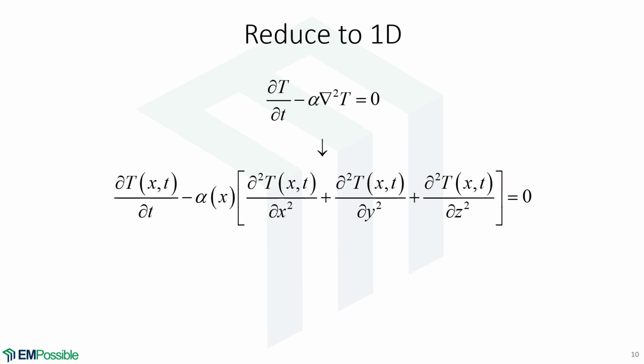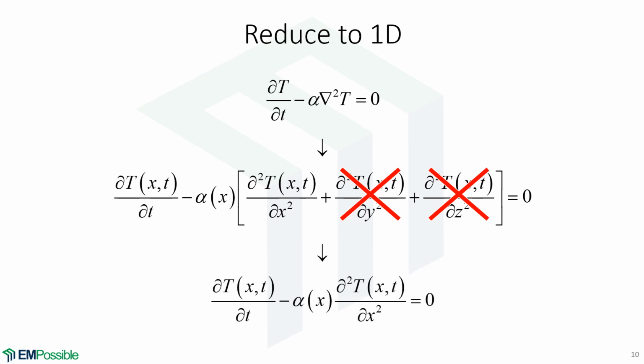Truly it's three-dimensional, but if we can accurately reduce that down to one dimension, with the bar going in the x direction, that has to mean that whatever's happening in these directions, in the cross-section of the bar, is not important. And we can just drop them out of the equation. So what we're left with is what we would call the governing equation for our problem. That's the equation that we're going to solve, not the equation above it that has y and z in it. This is only a function of x and time.